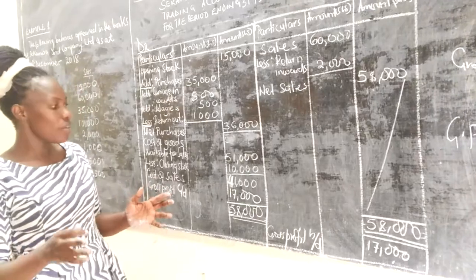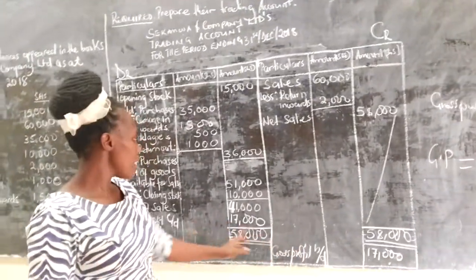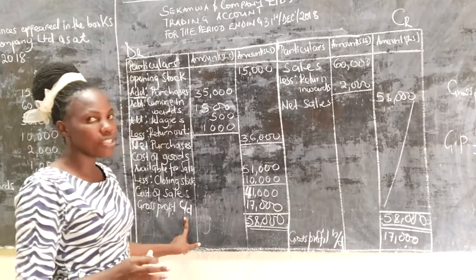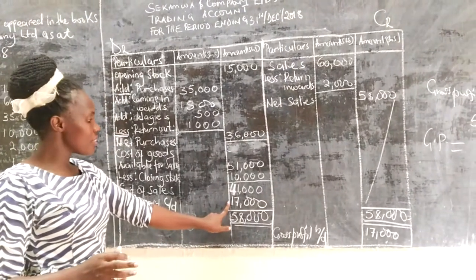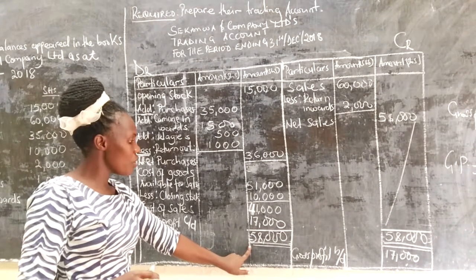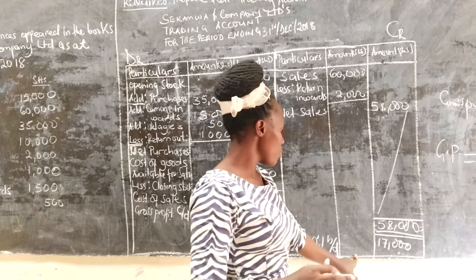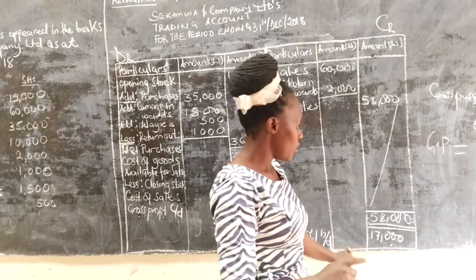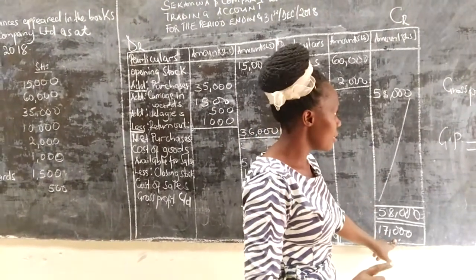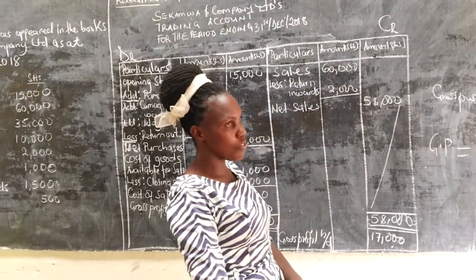So that is what I wanted you to know, how we balance. The carried down is taken on the side which is less, and that is the DR at this time. After putting the totals, go to the next side and put the gross profit brought down on this side. Because it is a positive answer, it means we have a gross profit.